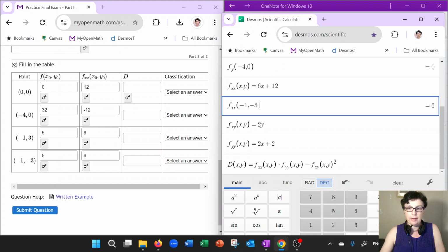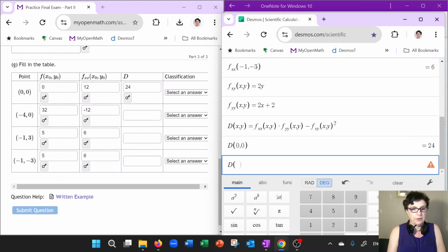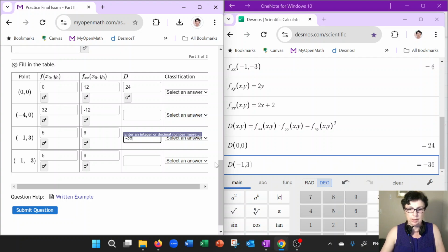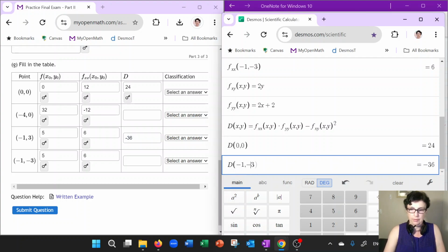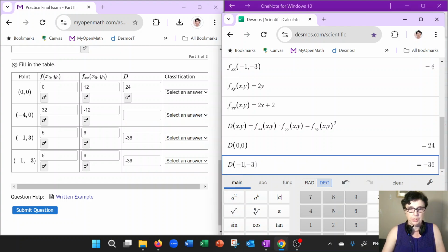Finally, I want to plug everything into D. So D of (0, 0), okay, I got 24 here. D of (-1, 3), that's -36, (-1, -3), that's also -36. And at (-4, 0), I still haven't gotten that, that's 72.